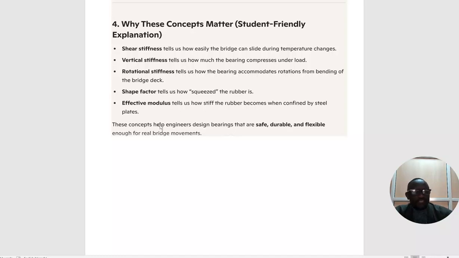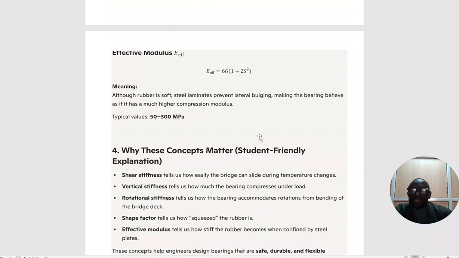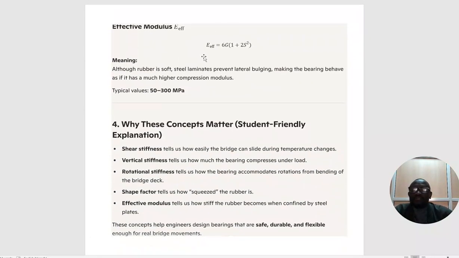You see the bulging effect; they tell you to control the shape factor between 6 and 12, beyond which you are in trouble. And the effective modulus tells us how stiff the rubber becomes when confined by steel. These concepts help engineers design bearings that are safe, durable, and flexible. Good, so this is how the formula is given here.